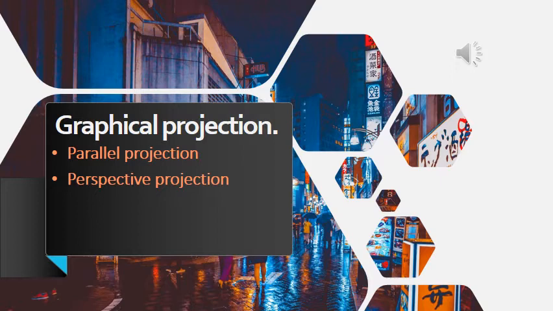There is a complete angle, and there is no illusion of the object being smaller at the back and bigger at the front. The size of the object must be maintained in parallel projection. We will understand it in the three-dimensional drawings in the next slide, which will be more helpful.